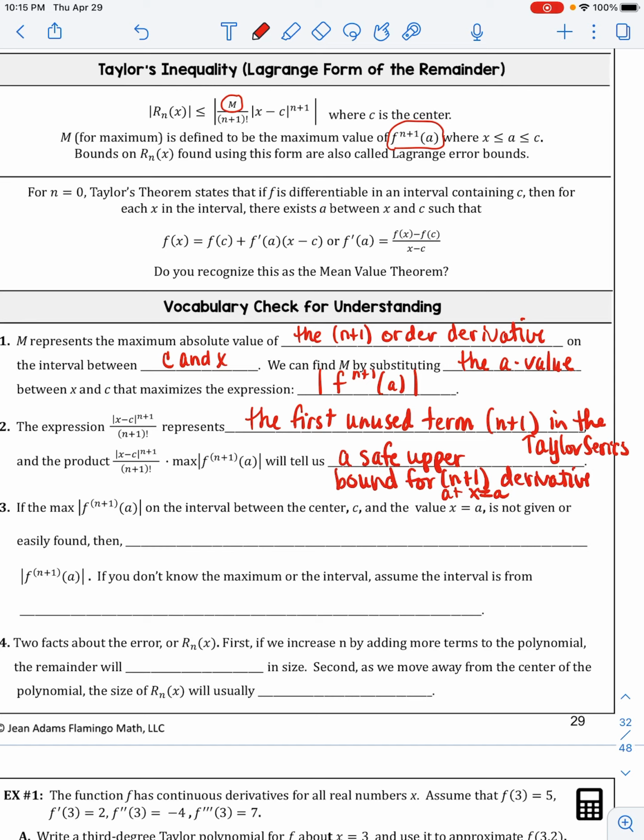For the n plus 1 derivative at x equals a.